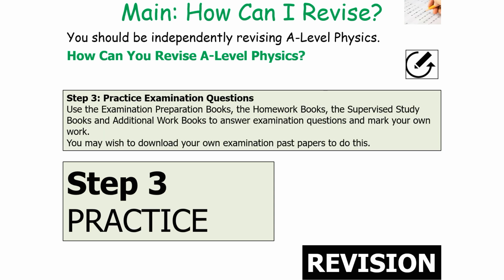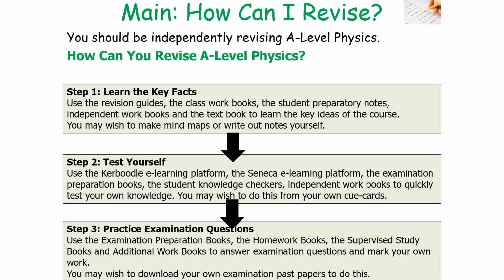Then the third step is to practice examination style questions. Use exam prep books, homework books, supervised study books and additional workbooks to help answer exam questions and mark your own work, and you may wish to download your own exam papers to do this. So if you're independently revising your A-level physics, you should be learning the key facts, testing yourself and then practicing the exam style questions.